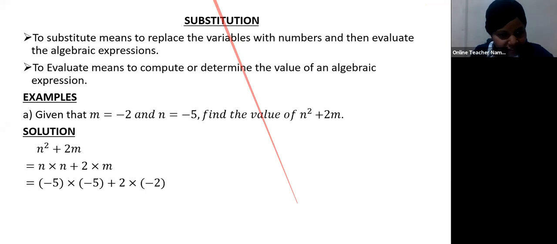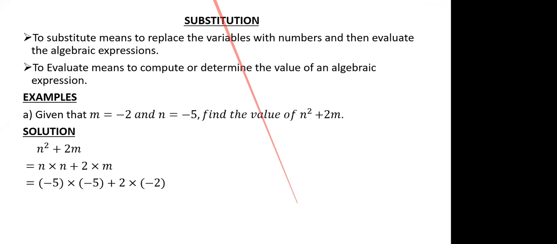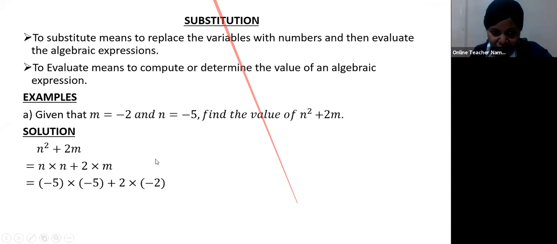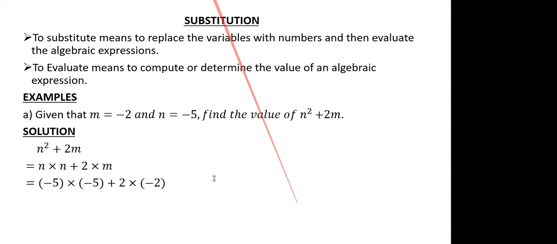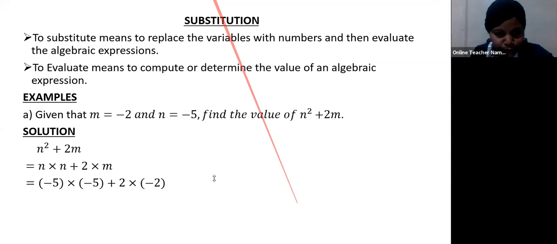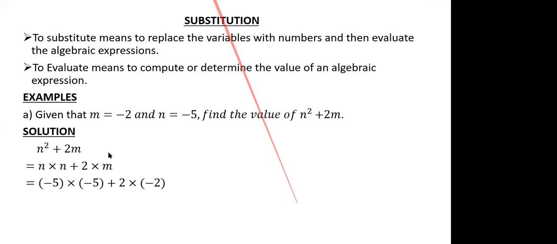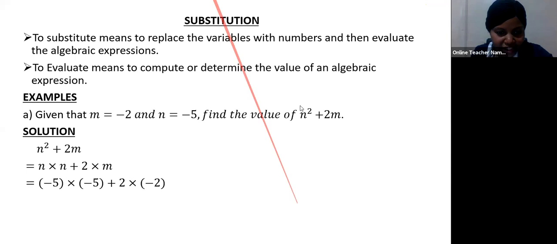Multiply -5 times -5, you get a positive 25. Positive 2 times -2 will give you a -4. So we have 25 minus 4.